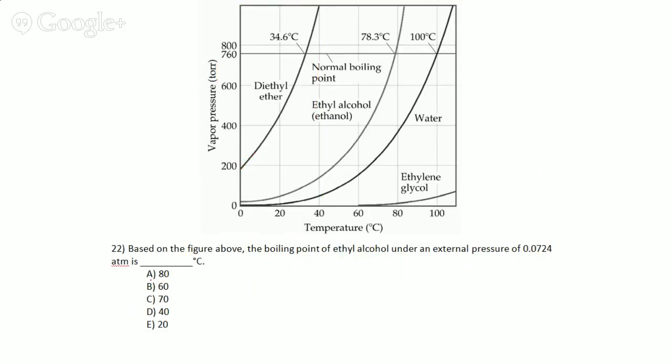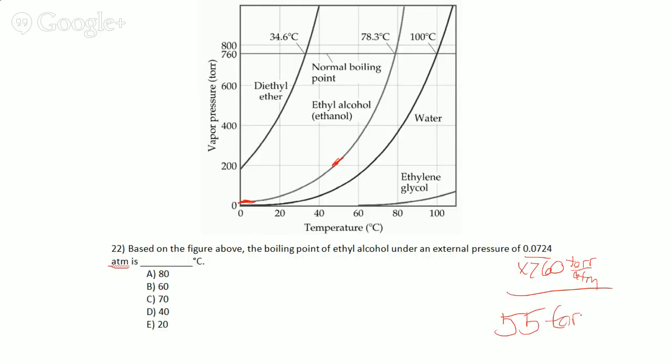22, same kind of problem, but looking at different stuff. This is based on the figure above. The boiling point of ethyl alcohol under an external pressure of this many atm is this temperature. All right, so let's find the line we're talking about. Ethyl alcohol is this line right here, that second line in. External pressure is, again, given in atmospheres, so we do a quick conversion, times 760 torr per atmosphere, and we get 55 torr.